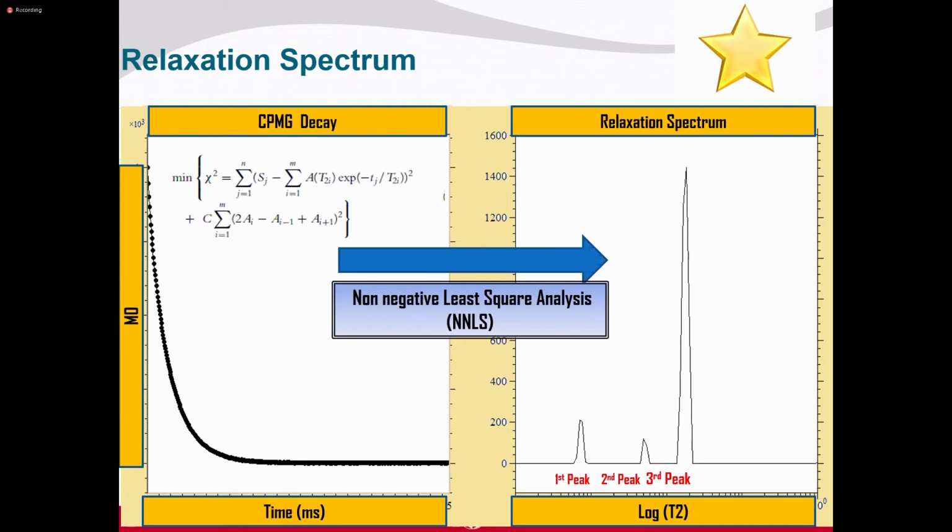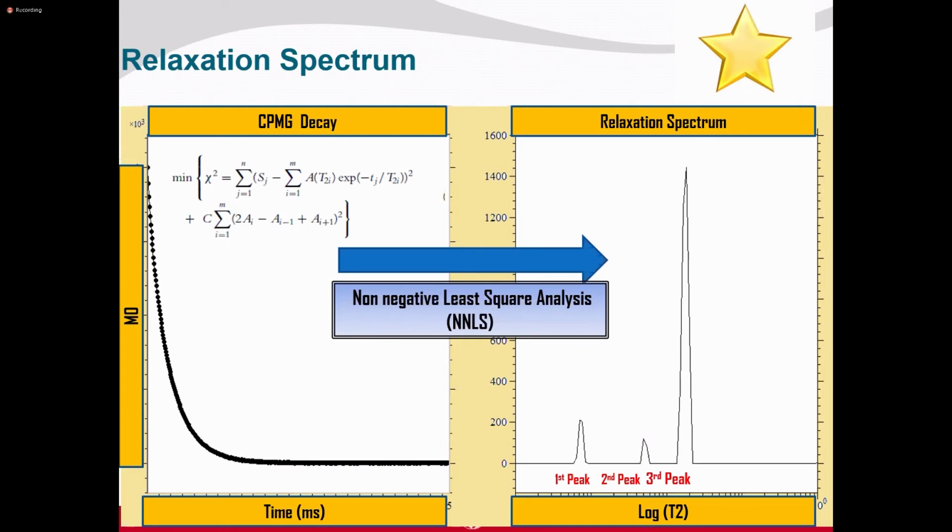If you apply a mathematical transformation, you obtain a relaxation spectrum where you have different peaks. Do not confuse it with the NMR spectrum that we discussed in the very beginning. These peaks do not tell us that they are individual chemical components.